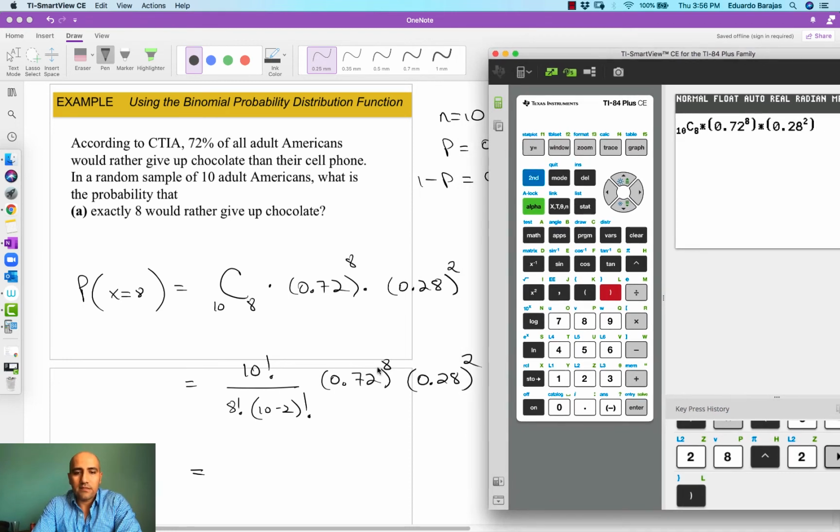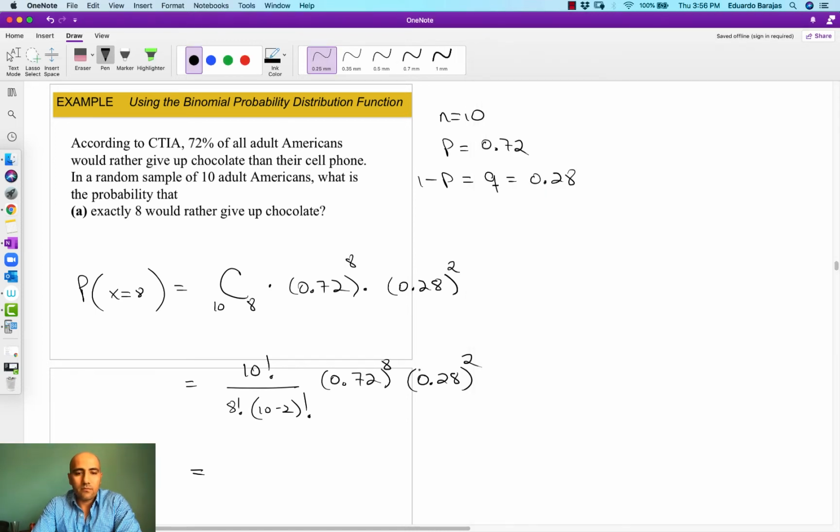That's this right here. We can hit enter, and there's our answer: 0.2548. Okay, what does this mean? There's a 25% chance that this is the outcome.